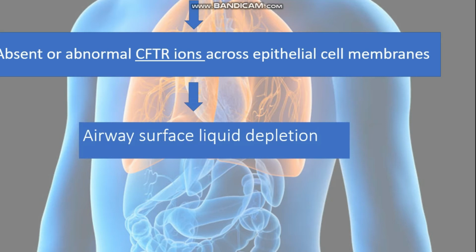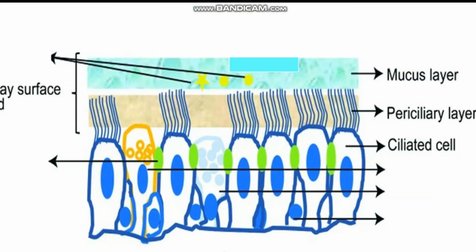Airway surface liquid is essential for healthy function of the epithelium. It is composed of the mucous layer and periciliary layer, which are important structures in defense against infections. The mucous layer is secreted from mucus-producing cells.